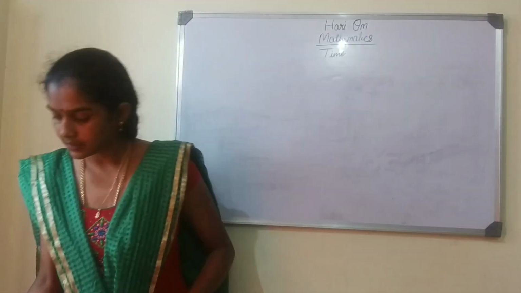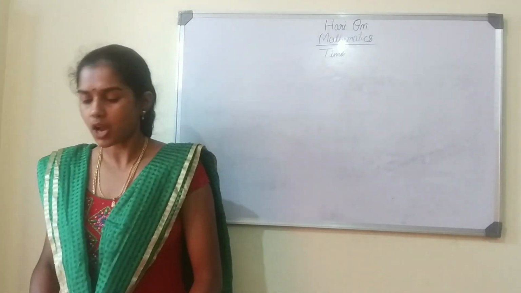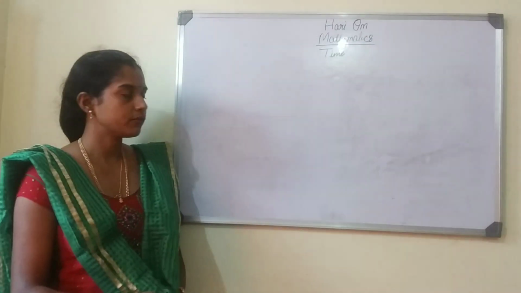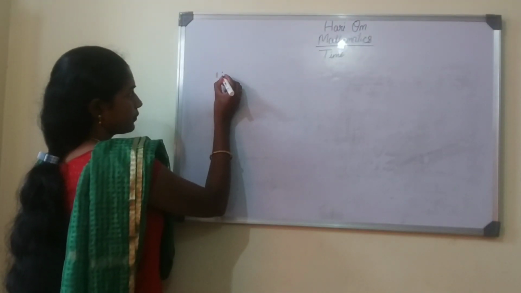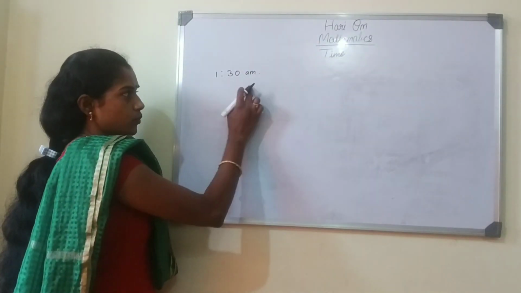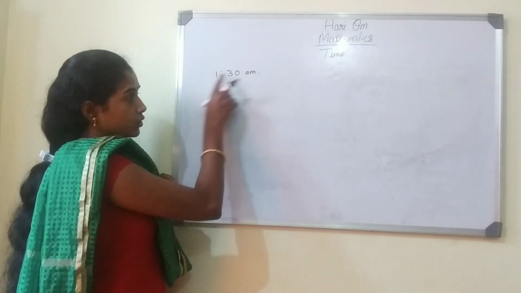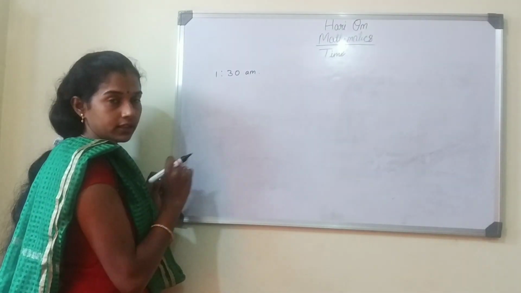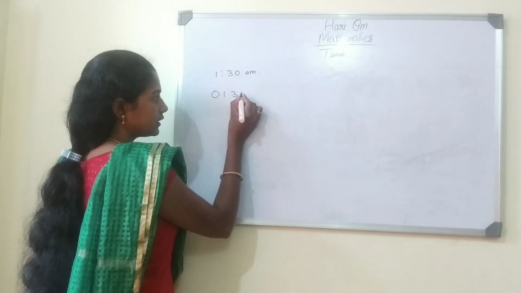Now let us learn reading the time in 24 hours. So how to read the time in 24 hours? Look here, children. What is the time here? 1 o'clock 30 minutes a.m. So how to write this in 24 hours? We write it as 0130.